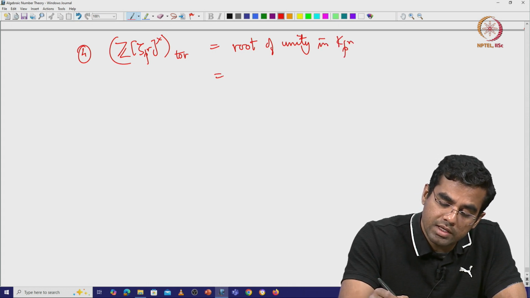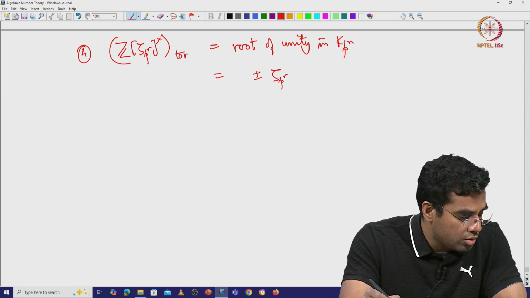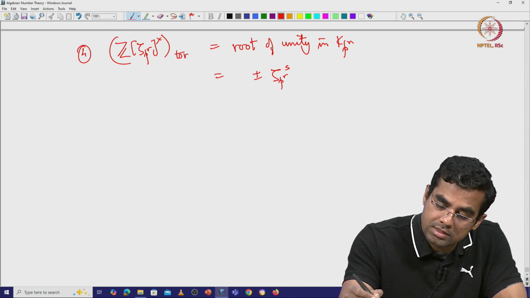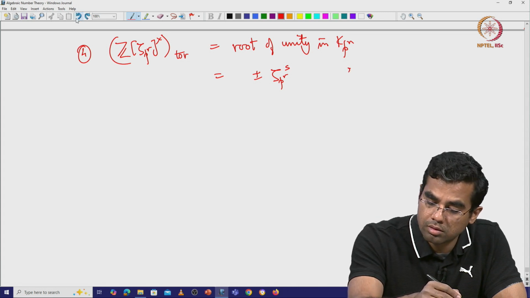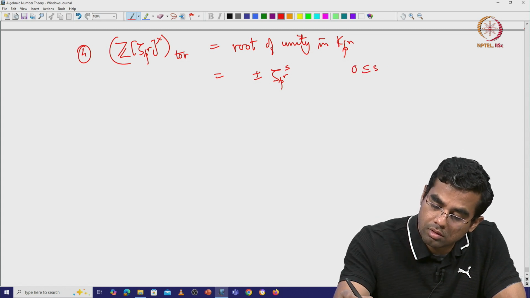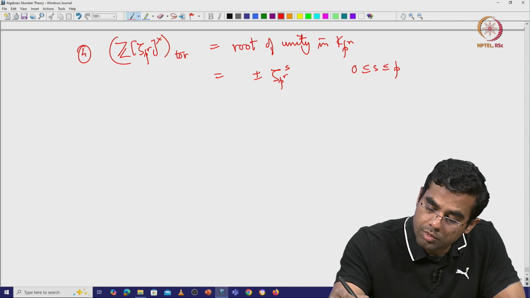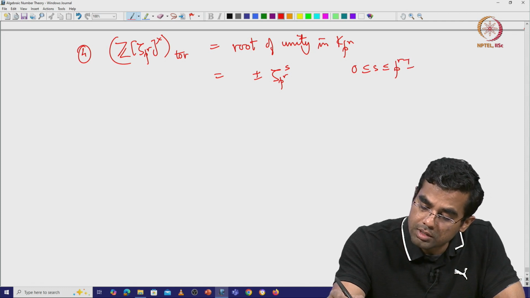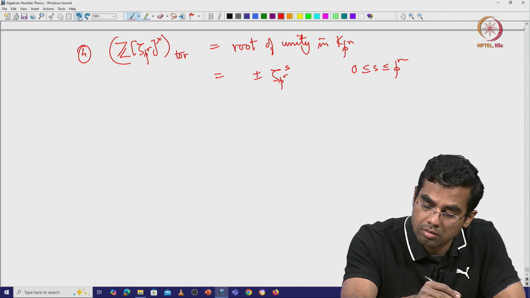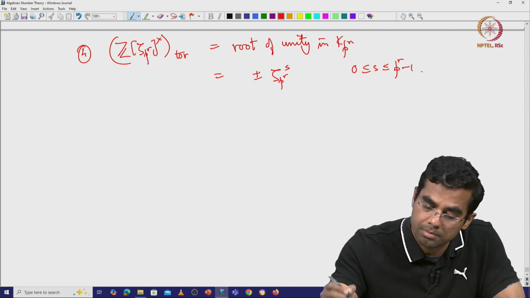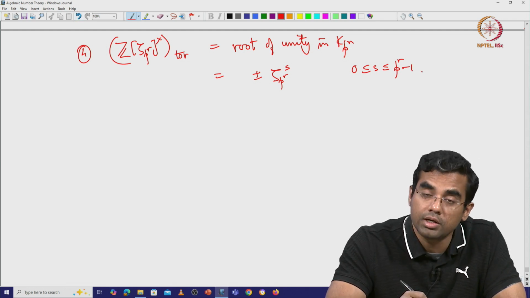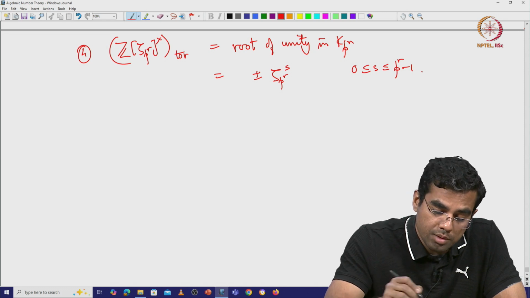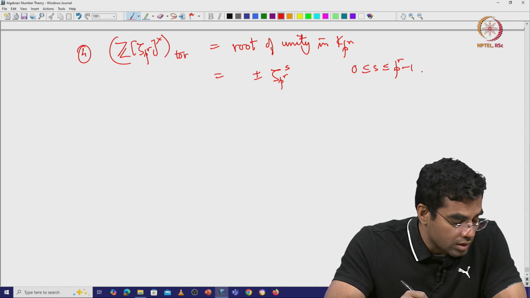This is precisely equal to plus or minus zeta_{p^r} to the power s, for s between 0 and p^r - 1. These are the roots of unity. So, there are potentially 2 times p^r roots of unity in this.